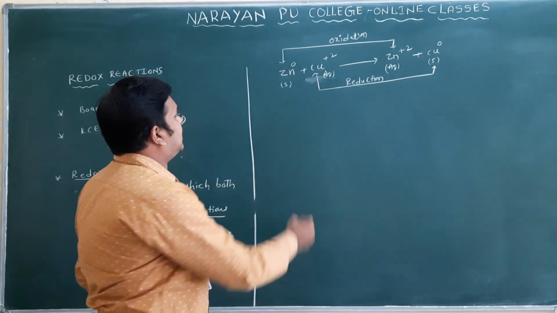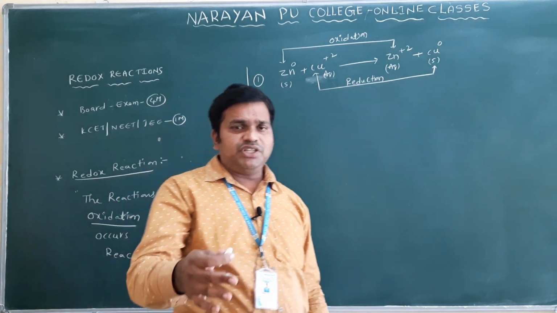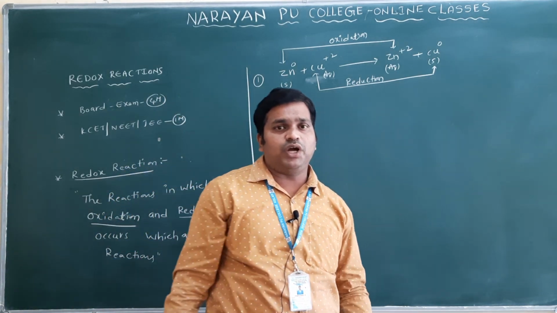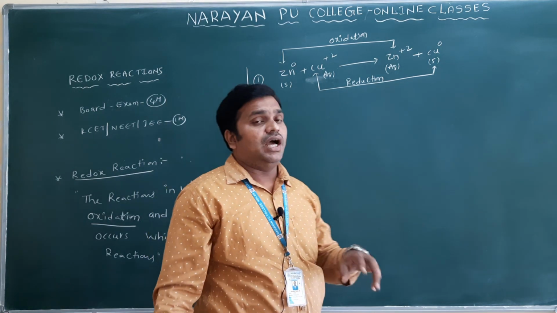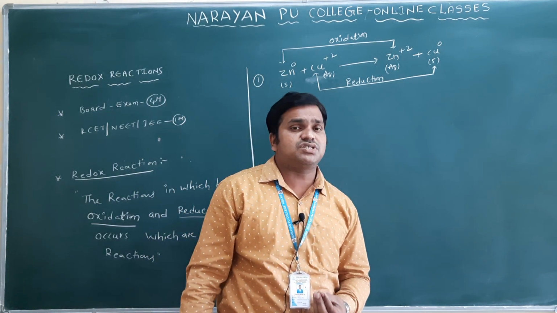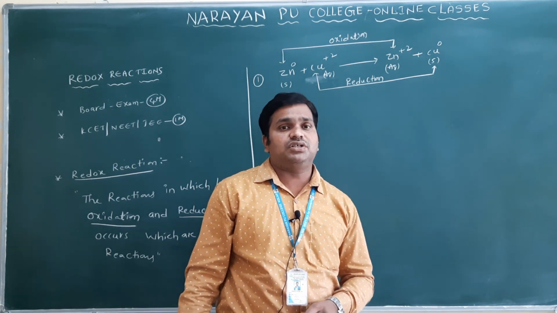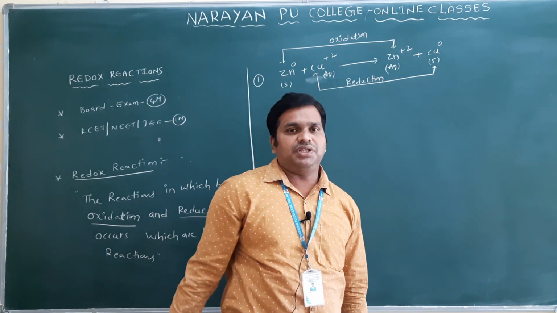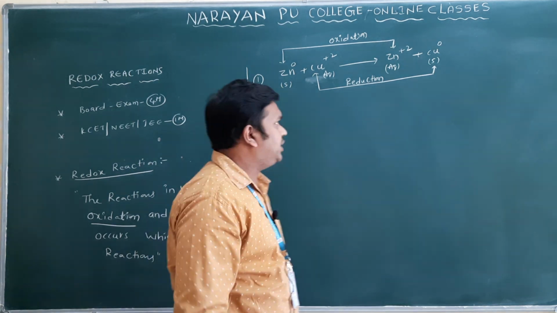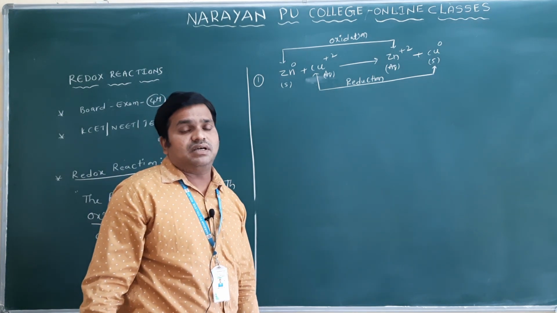So this reaction is an example of a redox reaction. We will discuss how to identify the oxidation number, and the definitions of oxidation and reduction, in the next topics.